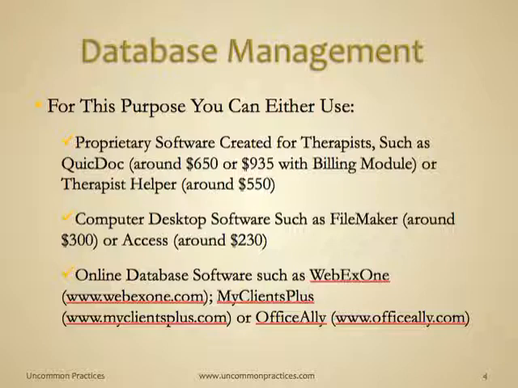It is not configured for private practice. The most popular ones are FileMaker or Microsoft Access. I would say FileMaker is a lot easier to use, somewhere around $300 or so. And it does come with some pre-configured templates that you could start with, but it does require some programming if you're going to use a program like FileMaker.